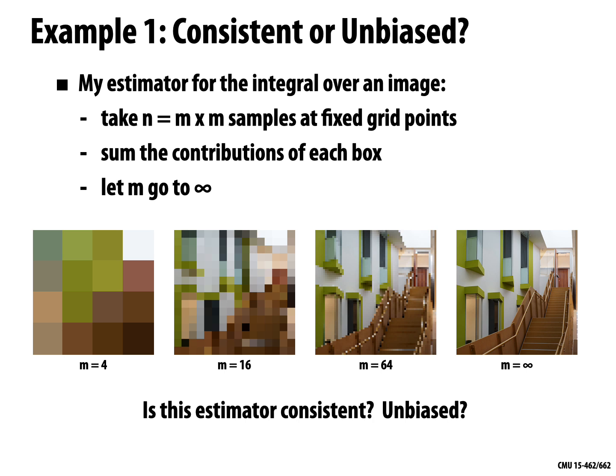Okay, let's think about this one at a time. Is it consistent? Well, consistent means as I increase the number of samples, do I eventually get the right result? And the answer is yes.